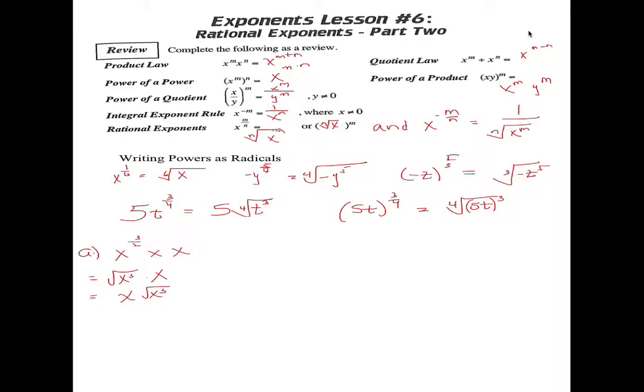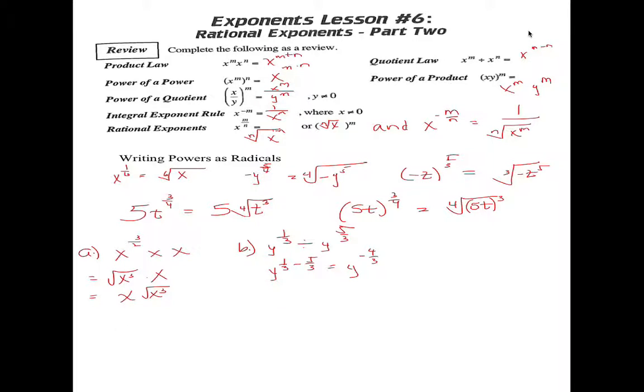Let's go to the next one for b. If I had y to the 1/3 power divided by y to the 5/3. Because we're dividing, if we look at our quotient law, I can do y to the 1/3 minus 5/3, and that would give me y to the negative 4/3 power.